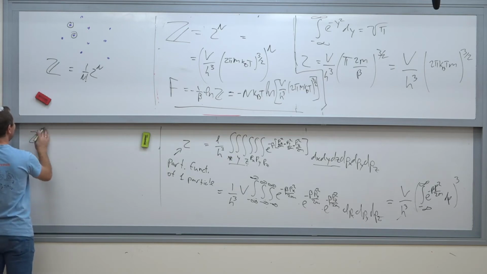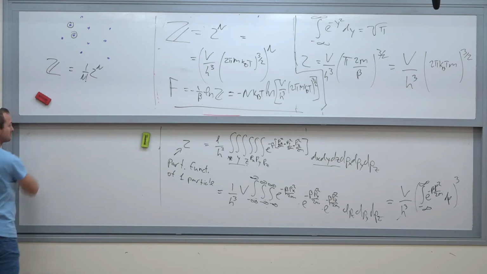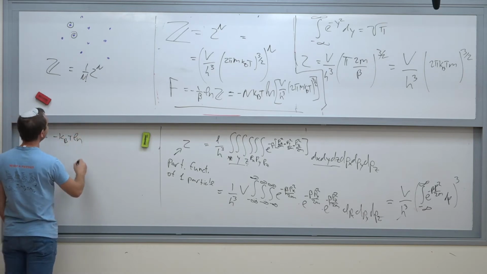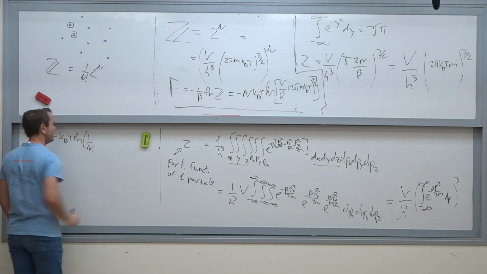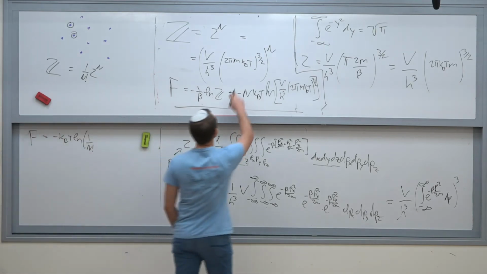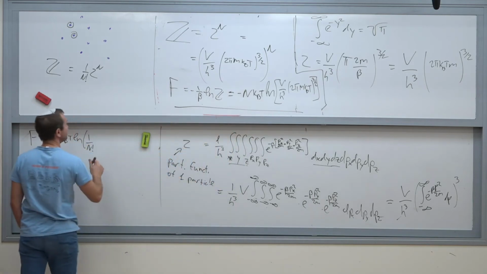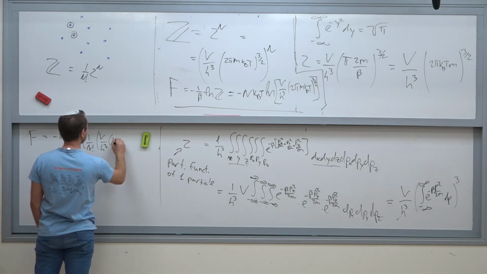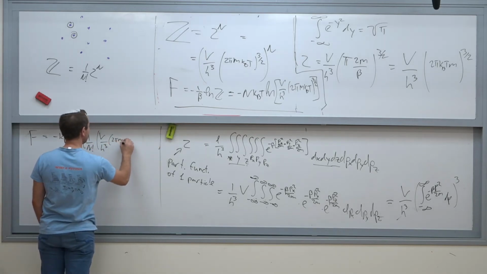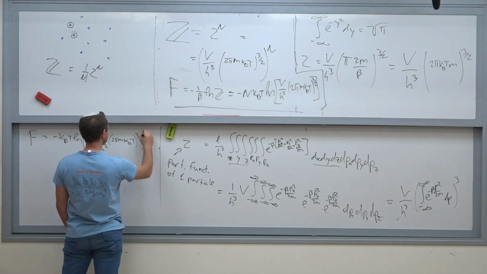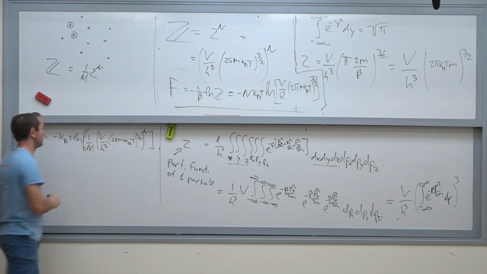If this is true, the free energy equals minus k Boltzmann T log of 1 over N factorial multiplied by whatever we have here to the power of N. So it's V over h^3 times (2 pi m k Boltzmann T) to the power of 3/2, all of this to the power of N, we close the parentheses.